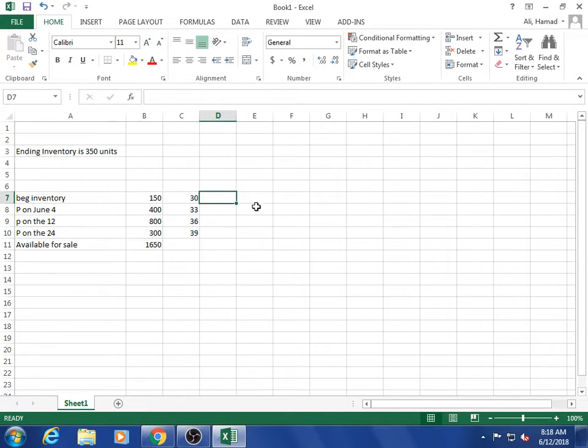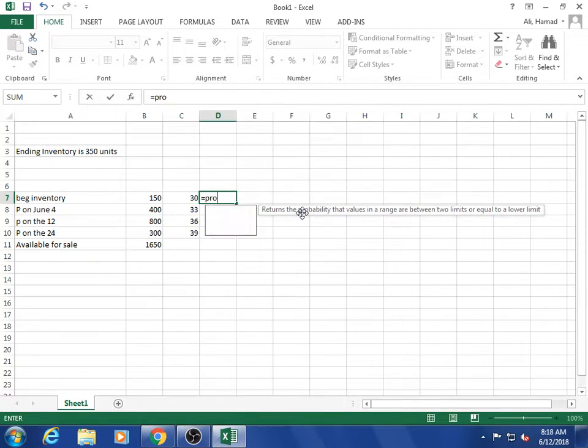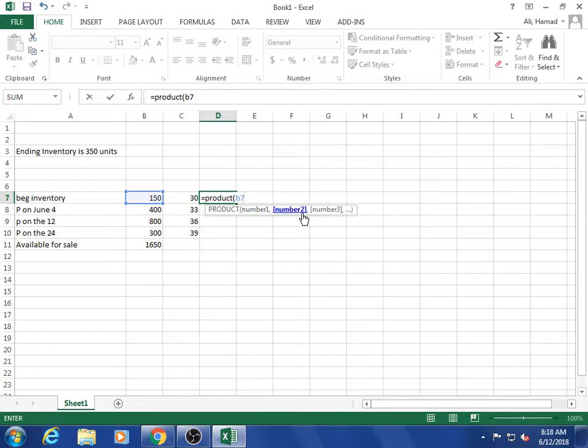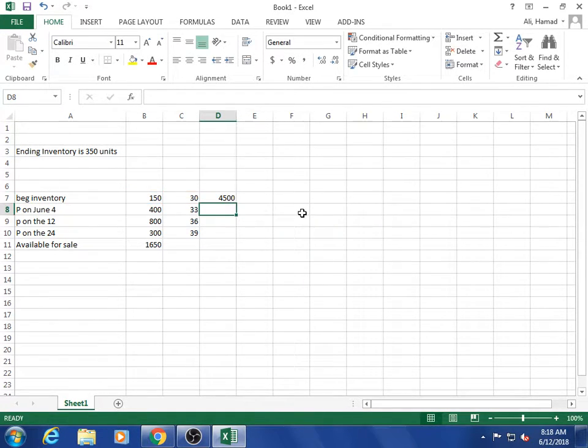If we multiply, equals the product of B7 and C7, that's 4,500.